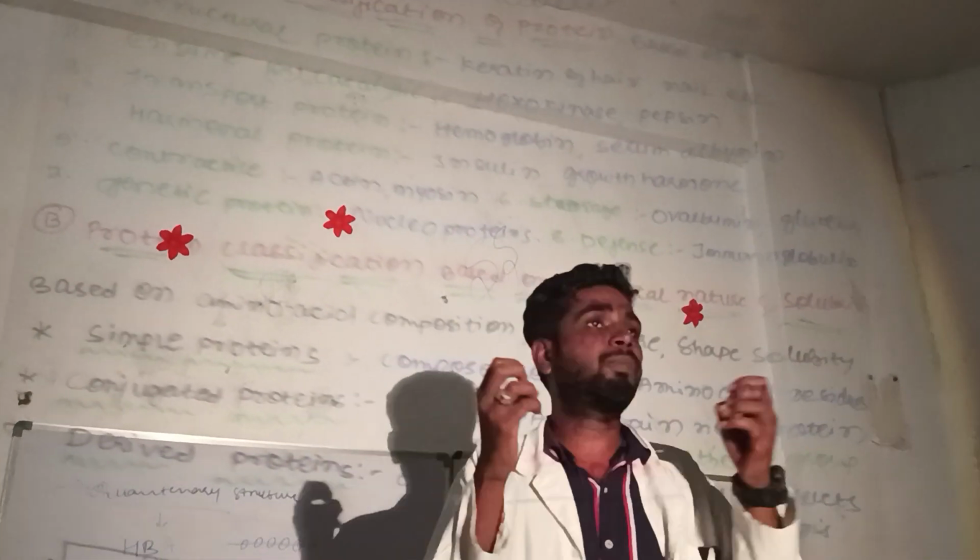The third type of protein is the derived protein. Whenever the protein is undergoing denaturation, that is, protein is getting degraded or denatured, okay? Proteins are getting degraded or denatured. So when conjugated protein undergoes denaturation, a new protein is getting formed. ठीक है, ऐसा हो सकता है, if some structure is there, it loses a certain part of its structure, a new product has been formed, that product is considered a derived protein.